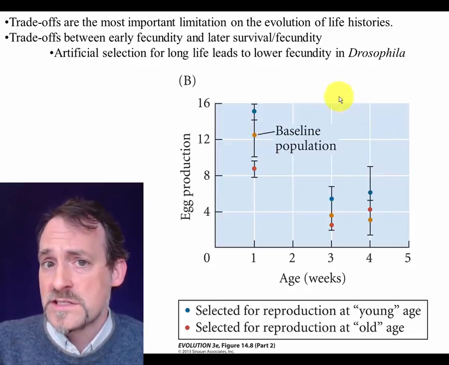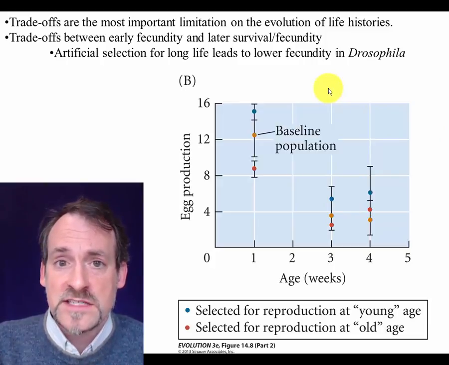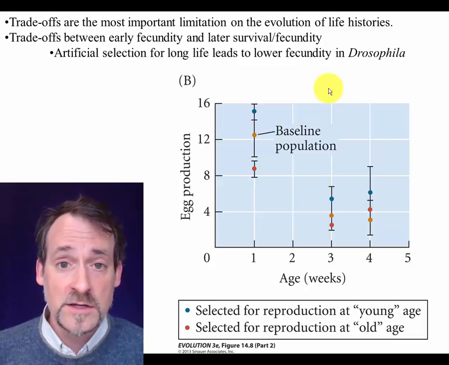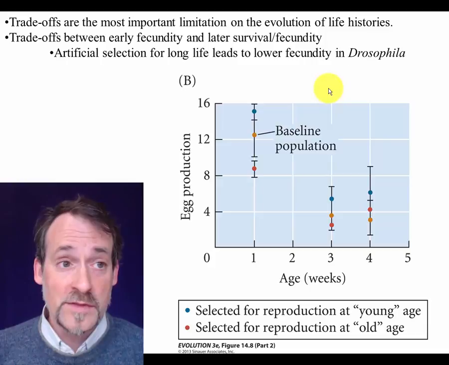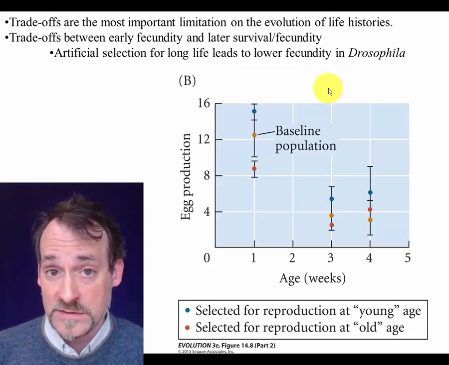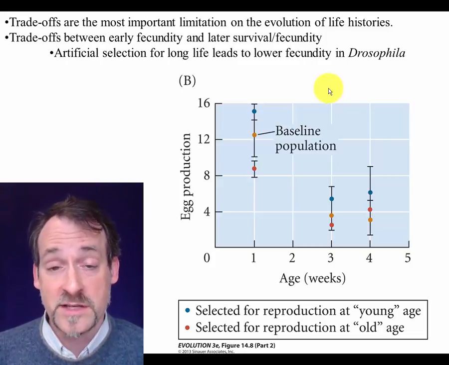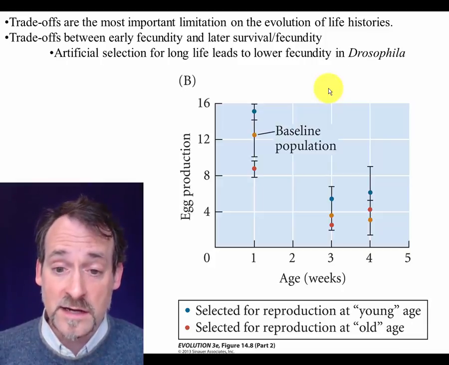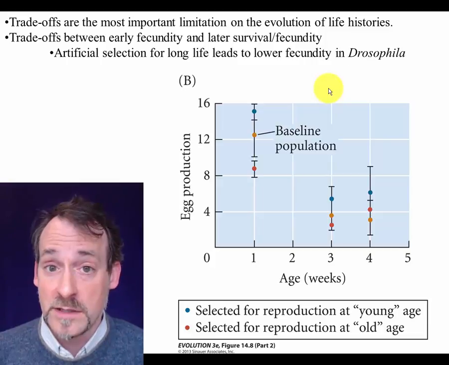For example, in experiments with fruit flies, researchers have artificially selected individuals that live for a long time. They take a population of fruit flies, wait until almost all of them have died, and then breed the few that are left. The next generation, they wait until almost all of them have died of old age, and they breed the few that are left, and so on, until they get fruit flies that live for a much, much longer time.